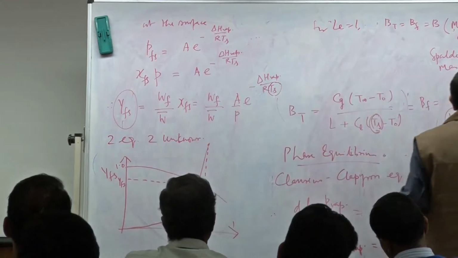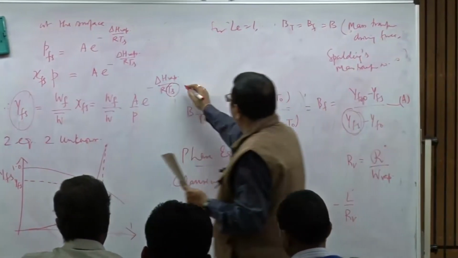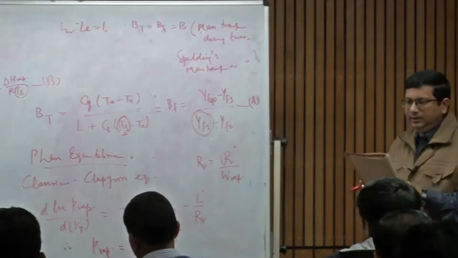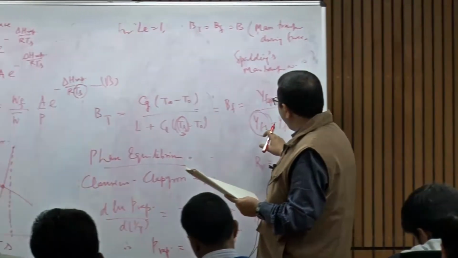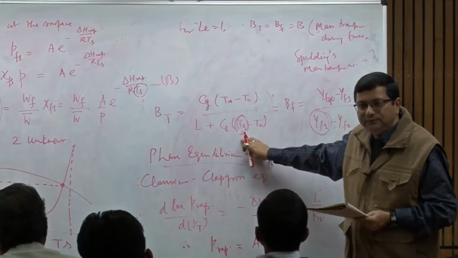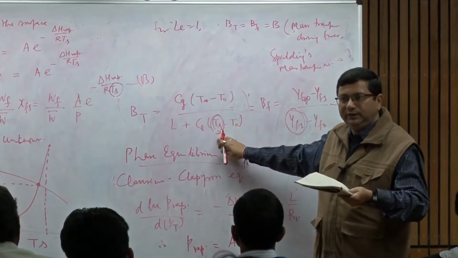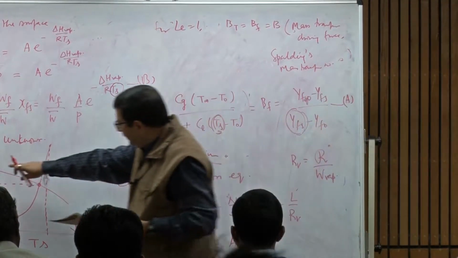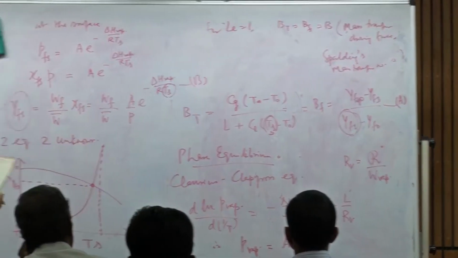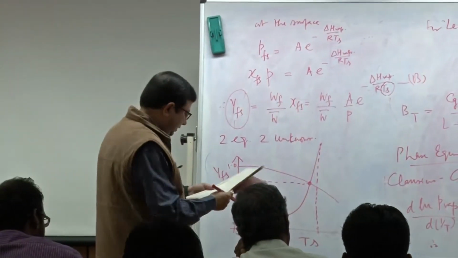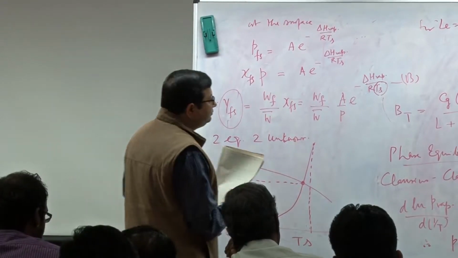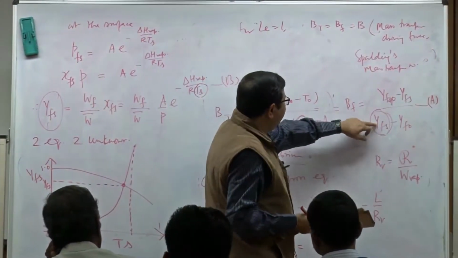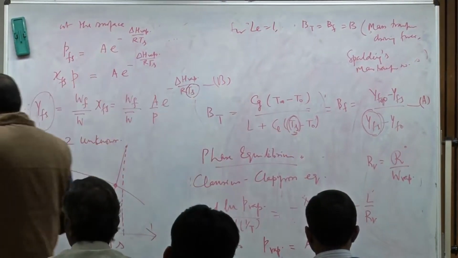Let me call this equation A, let me call this equation B. Okay. Looking at equation A, if I choose a value of Ts in this equation, let us assume a value of Ts, then we can solve for YFS in this equation. So, we can get a curve of this. So, when Ts is equal to T naught, we get this is equal to 1. All right.